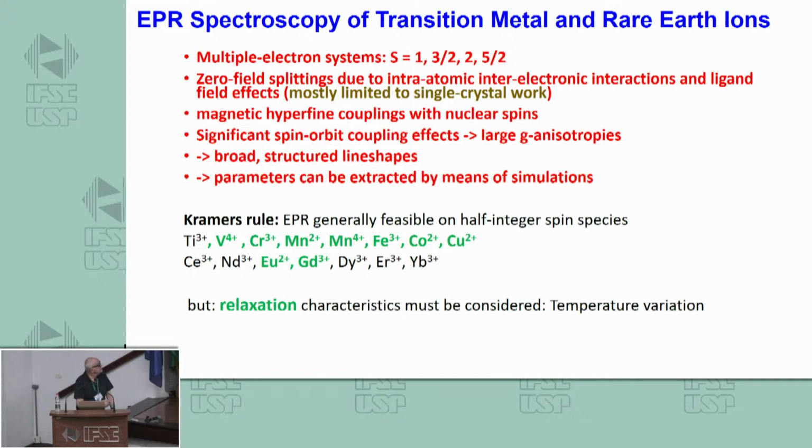And then what's special for transition metals and rare earth ions in general, we have a lot of spin-orbit coupling. So these unpaired electrons cannot be considered pure electron spins, but they are interacting with the angular momentum, forming a vector sum, but the angular momentum is partially quenched by covalent bonding.